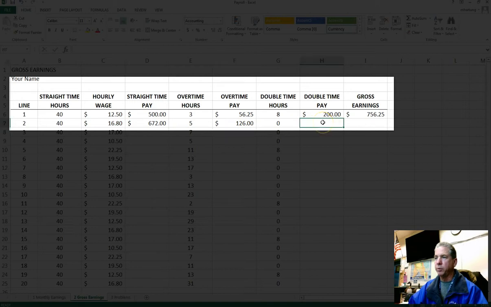And the double time pay. Oh, I think you have 0 in yours. So it's 0, but we still want to go in and put the formula in anyway, and we will see the reason why. So, equal sign, parenthesis, double time is going to be 2 times our hourly rate.